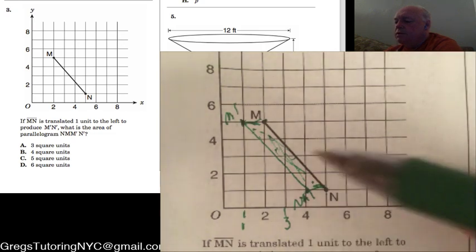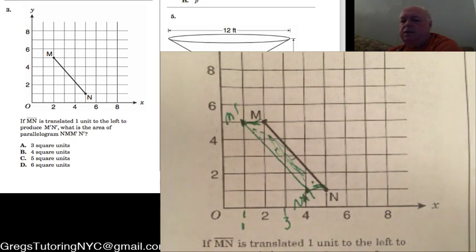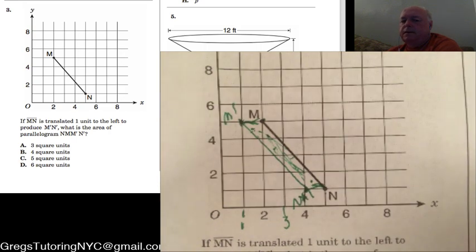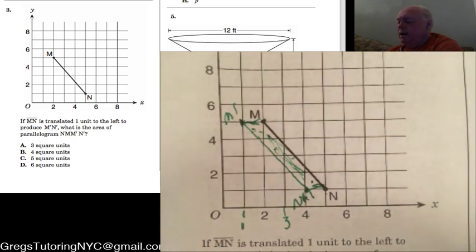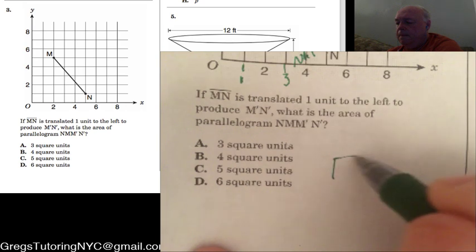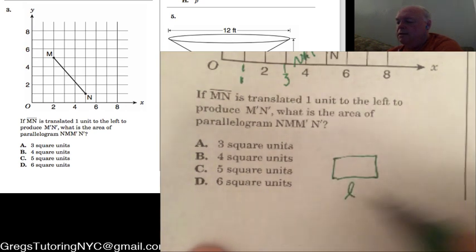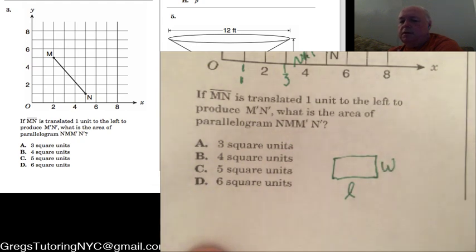The other consideration is to actually compute the area. So we have a parallelogram, okay? And I think most people would say that if we have something like a square or a rectangle, let's say, normally the longer side is called the length, and the shorter side is called the width.